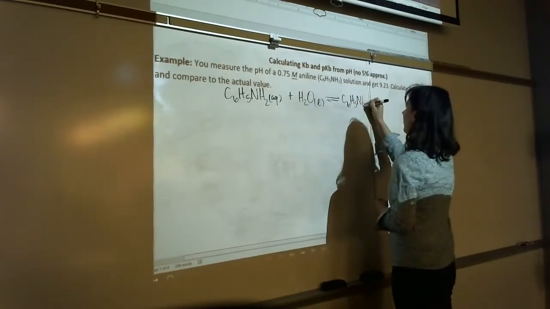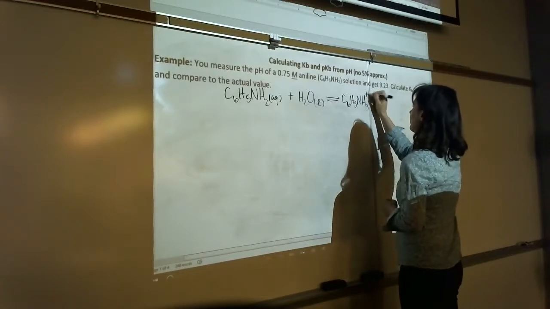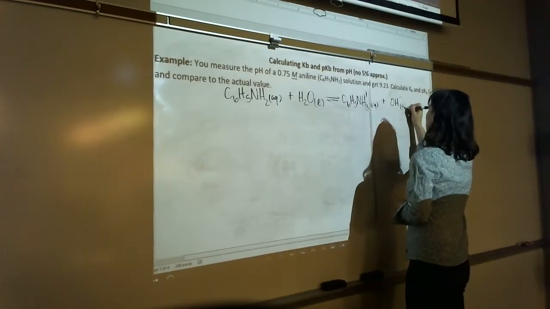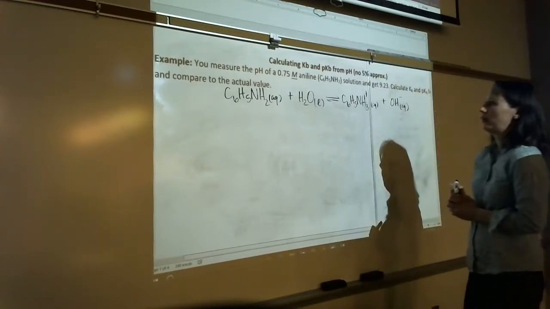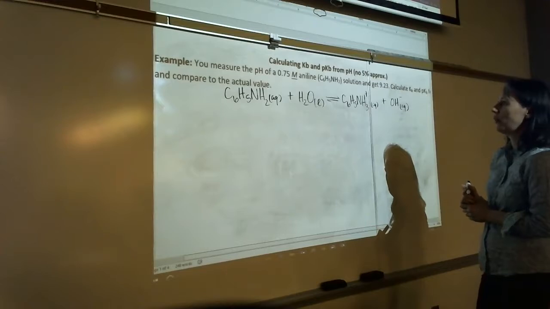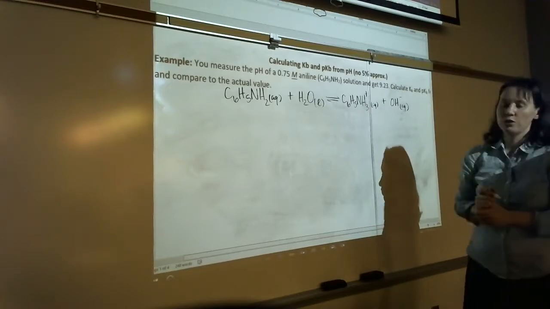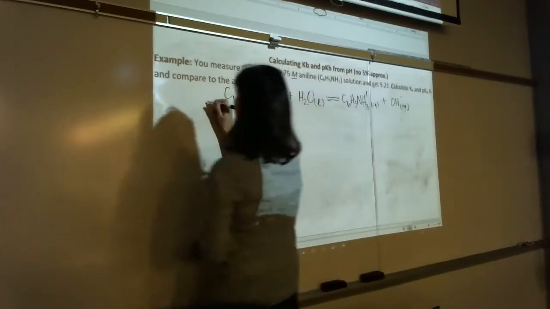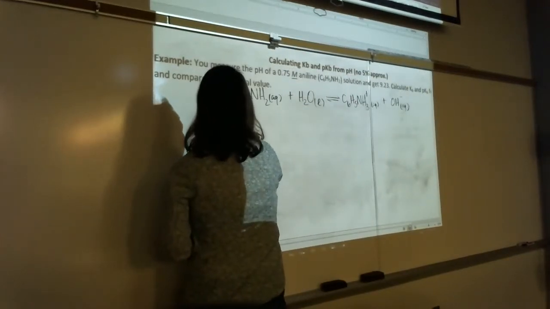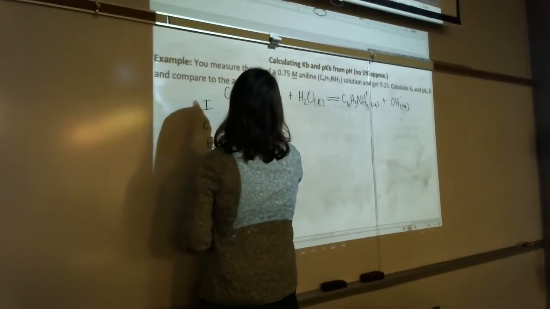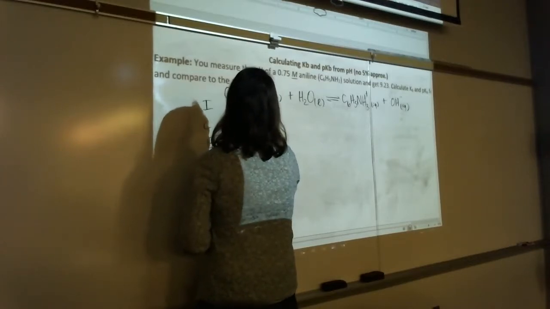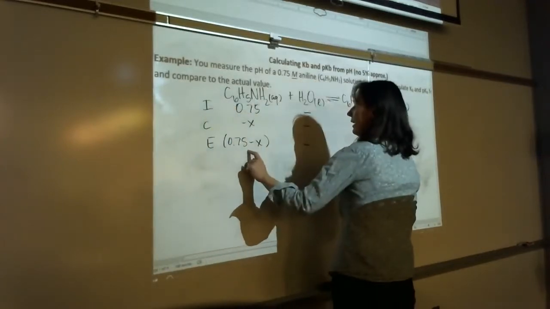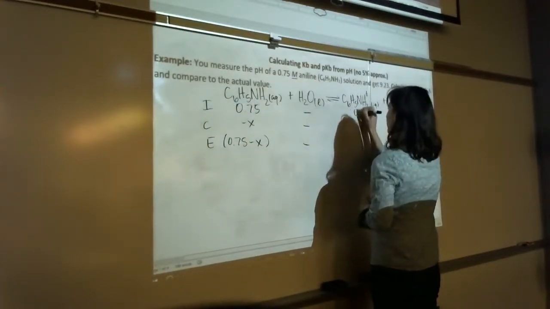NH3, NH3 plus OH minus. Okay, now the pH of a 0.75 molar solution. So where does the 0.75 go? That's our initial, right? ICE: 0.75 minus x. No approximating here because we're going to get the actual value in just a second.